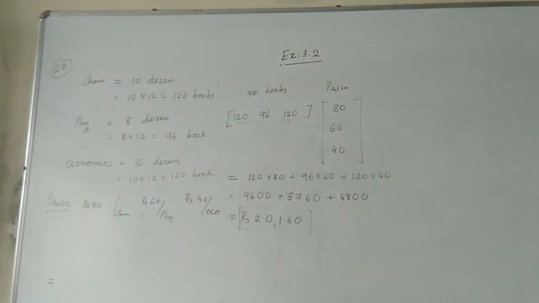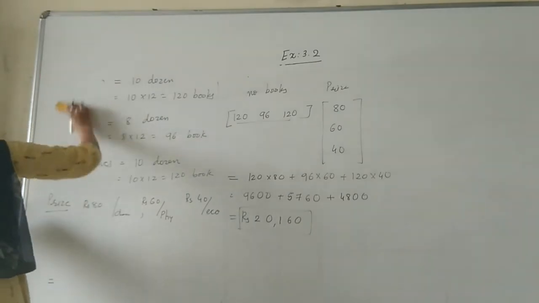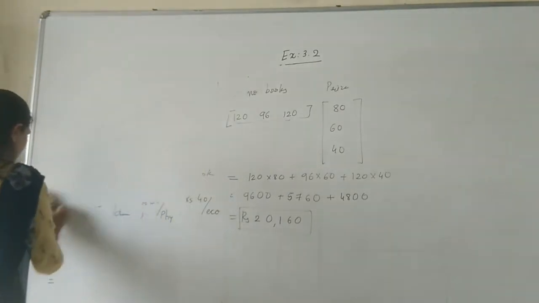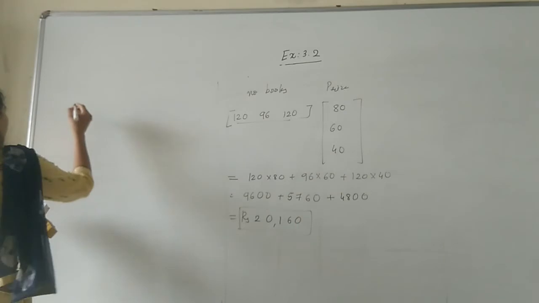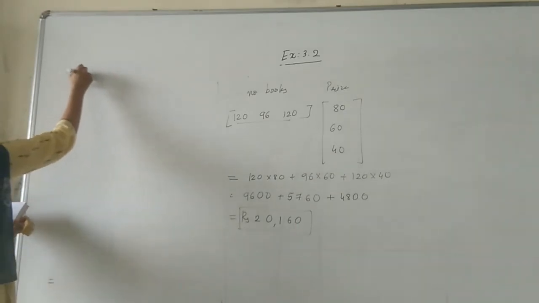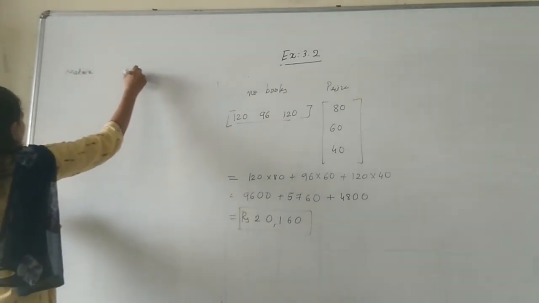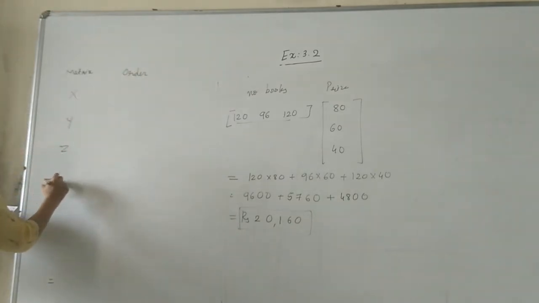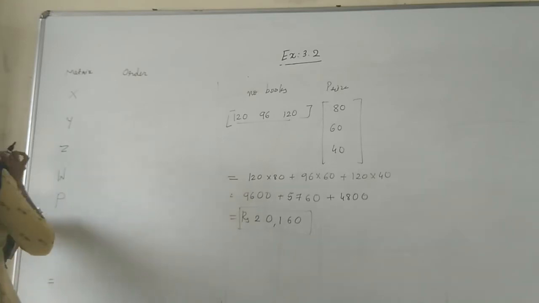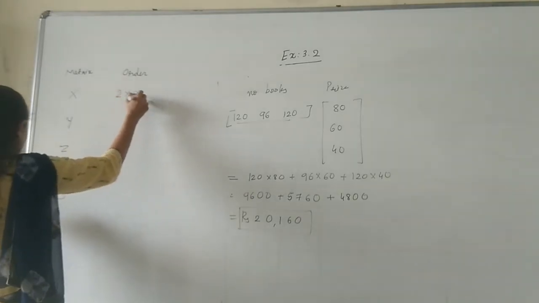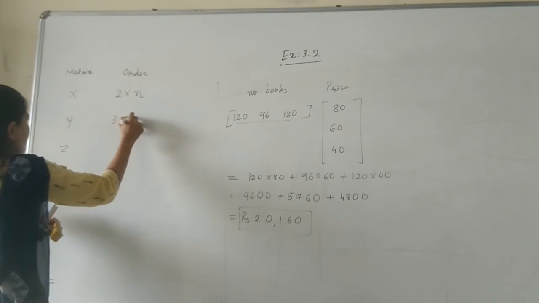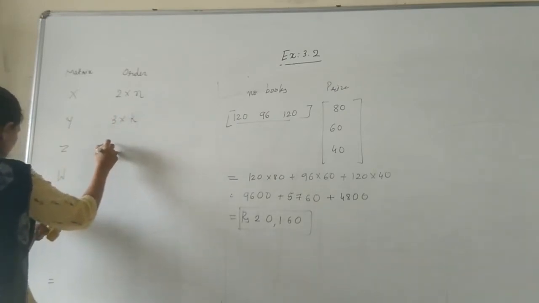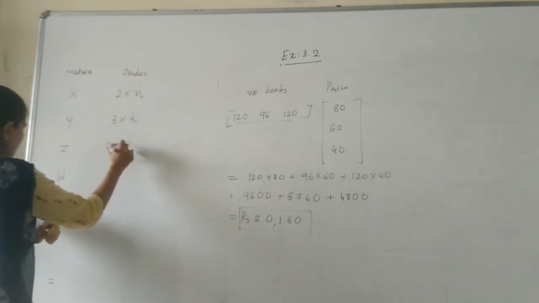Now, the next questions are MCQs, two MCQs. In questions 21 and 22, first they have given the matrices and their orders, so let me note that down. Matrices X, Y, Z, W and P. Here X is of order 2 by n, P is of order p by k, Y is 3 by k, and W is n by p.